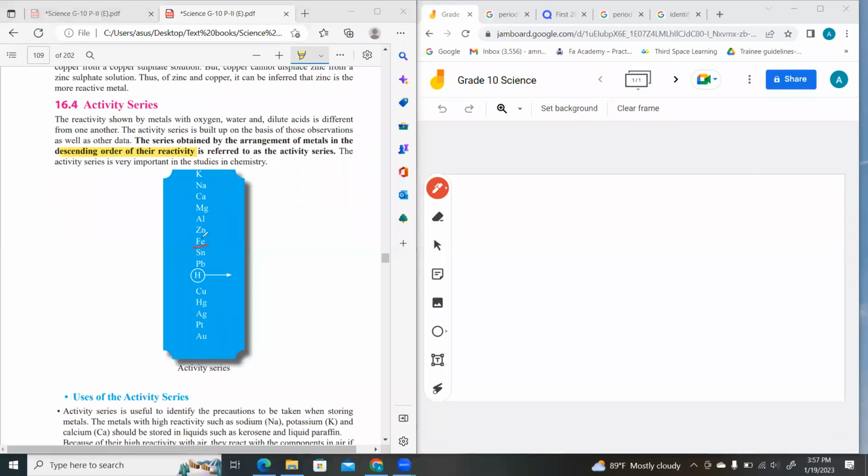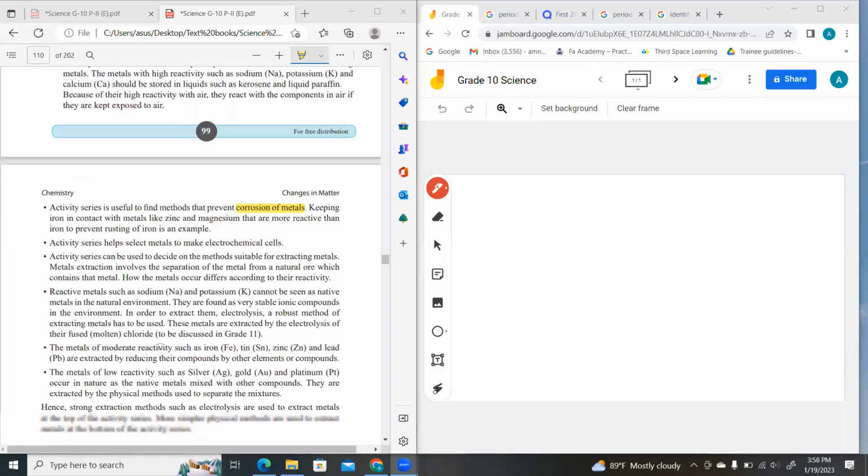So if you need to avoid the corrosion of iron, Fe means iron, you have to cover that with a magnesium tape or zinc paper or somewhat. It should be a metal on top of this. A high reactivity metal can prevent corrosion of iron. Okay, so in that way, to decide which metal to use, activity series is important.